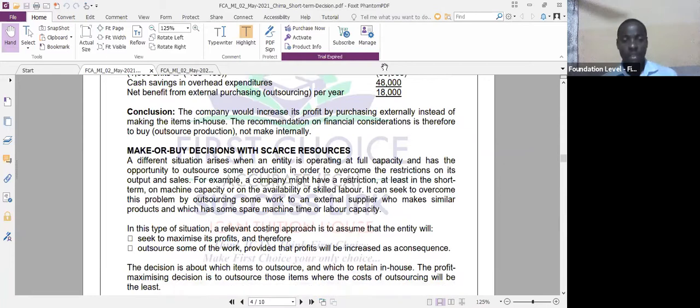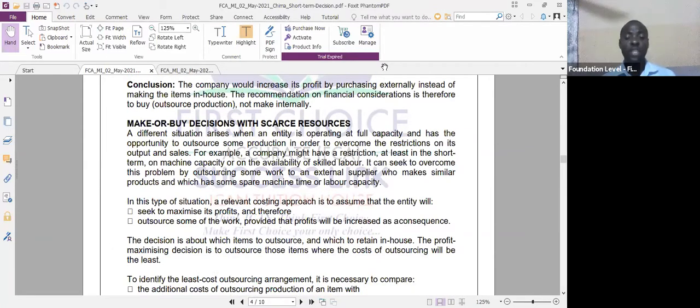Okay, so the decision about which item to outsource and which item to retain in-house is the management decision to make. But like I said, it's going to be based on two things. One, relevant cost of making or buying. Then secondly, the scarce resource.